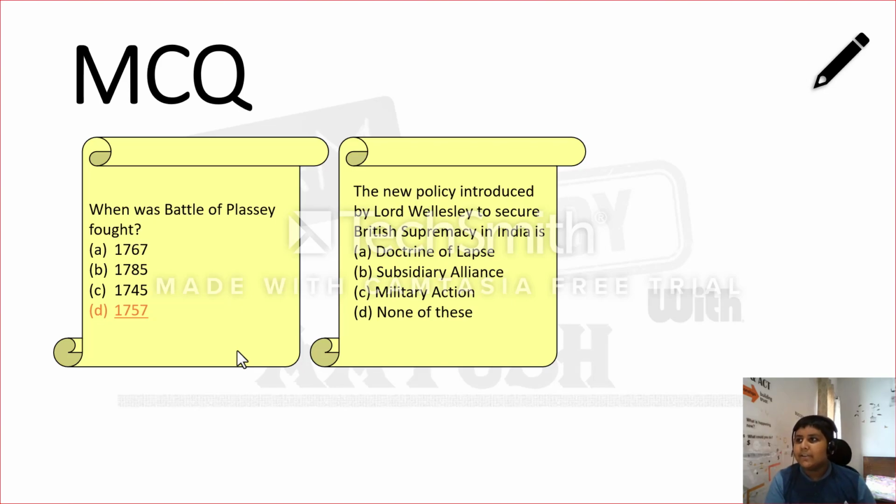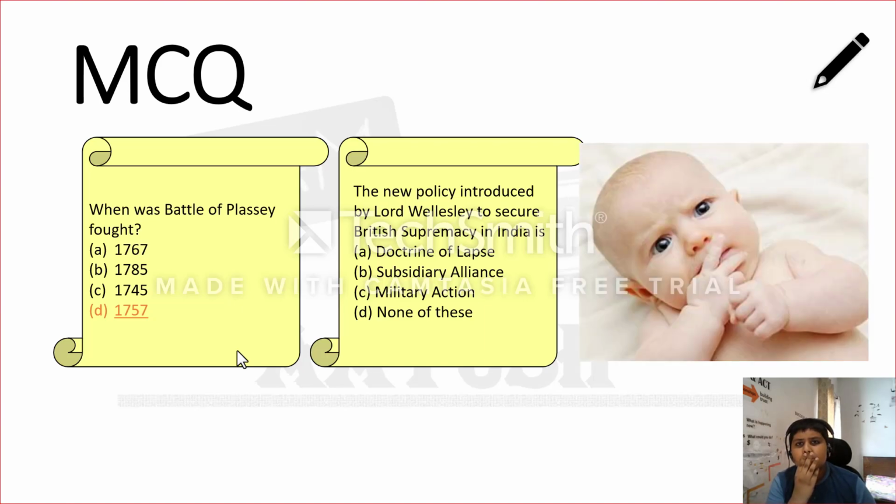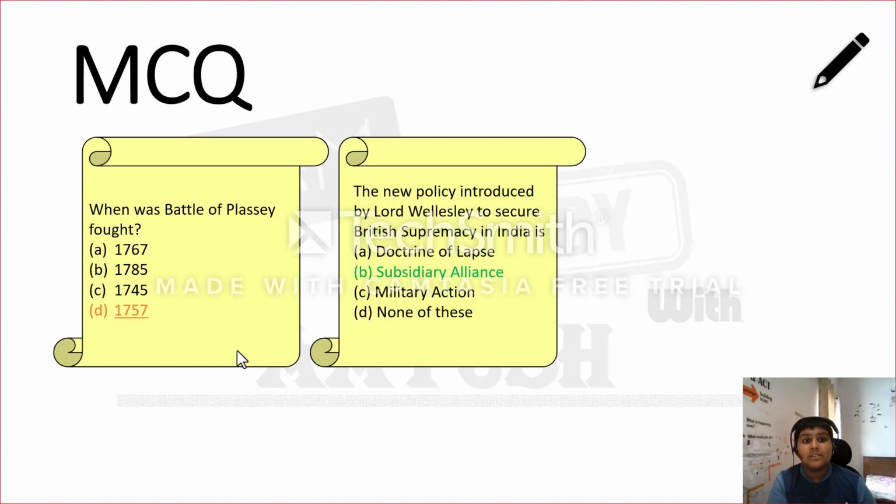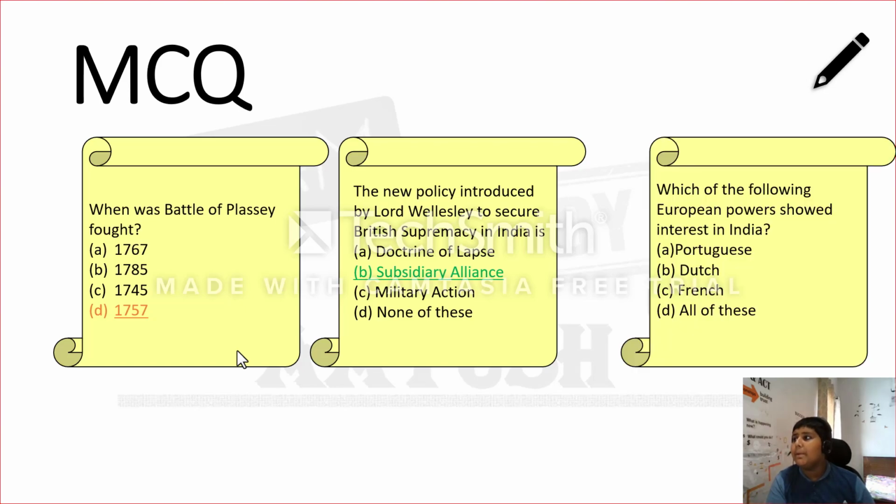The new policy introduced by Lord Wellesley to secure British supremacy in India is subsidiary alliances. Which of the following European powers showed interest in India? Was it the Portuguese, the Dutch or the French? The answer is all of these, as the British, Portuguese, Dutch and French were all interested in buying the goods of India at a cheap price and selling them at a higher price.